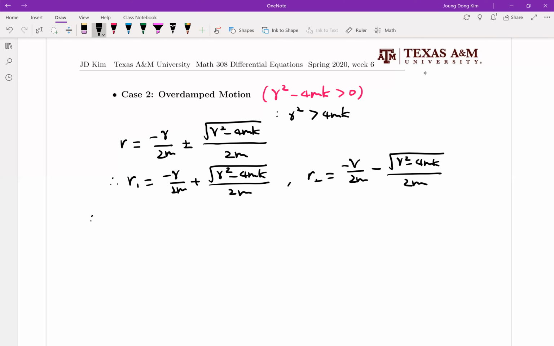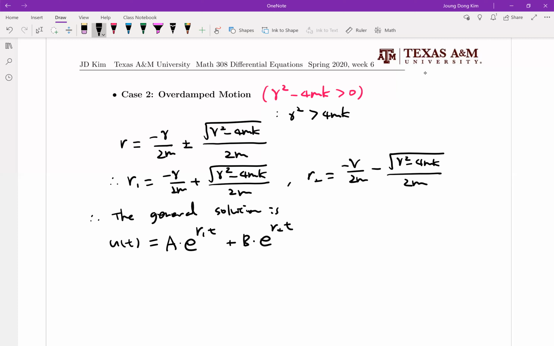So therefore, the general solution can be written this way: coefficient A times e to the r1t plus B times e to the r2t. That's it. Okay.